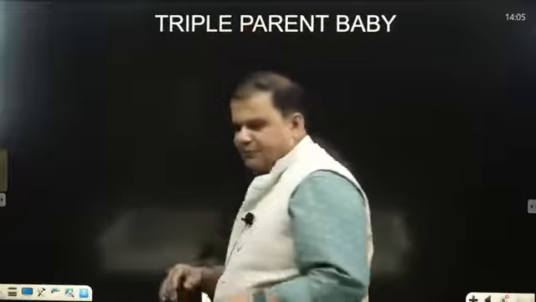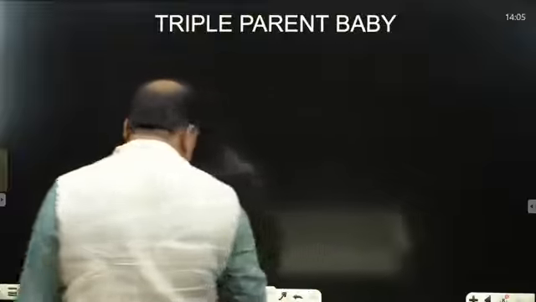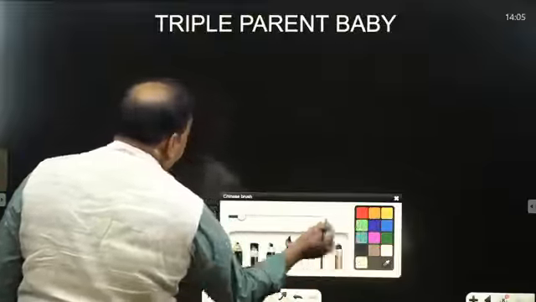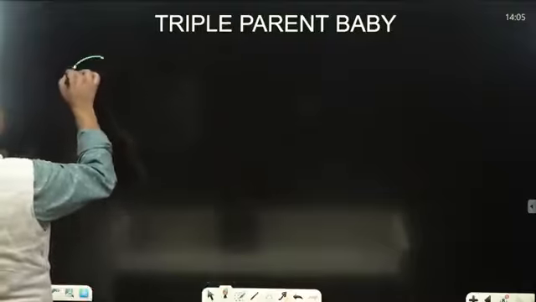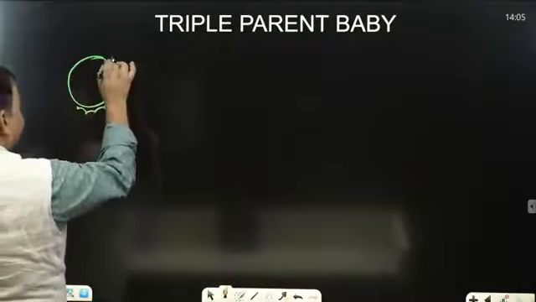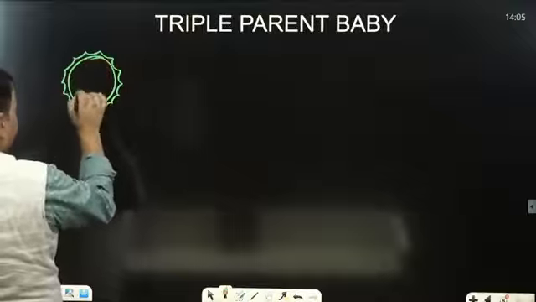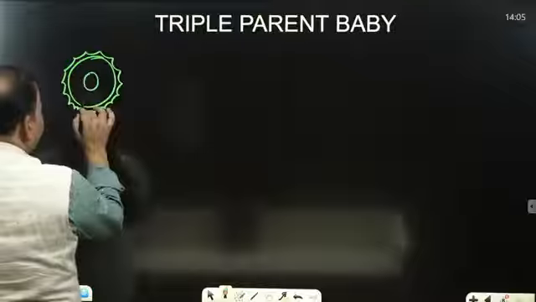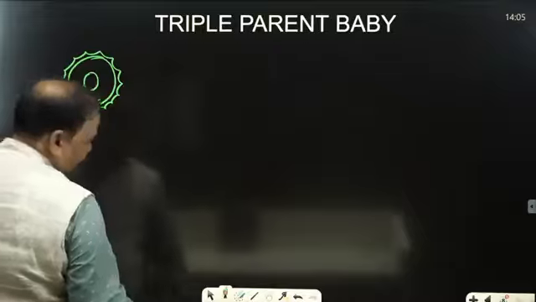See, first of all, when fertilization takes place, suppose the fertilization is taking place here. This is an egg and this consists of the nucleus. This is the nucleus and here is the mitochondria of the egg.